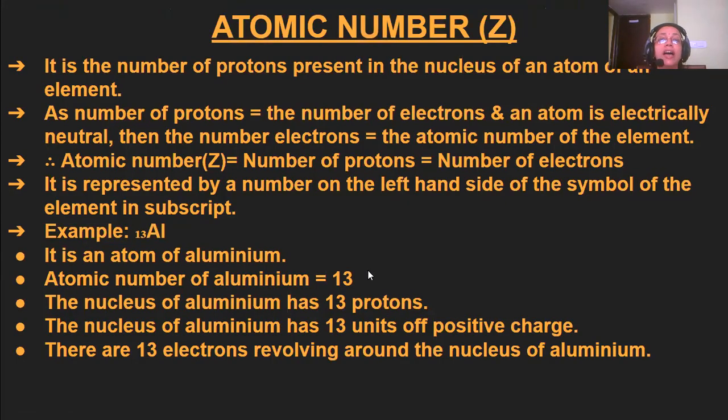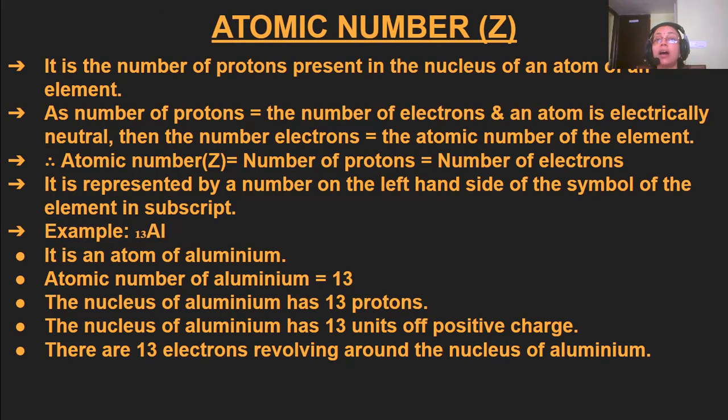Next, we come to atomic number. It is the number of protons present in the nucleus of an atom of an element. So what is atomic number? Atomic number is the number of protons present in the nucleus of an atom of an element.